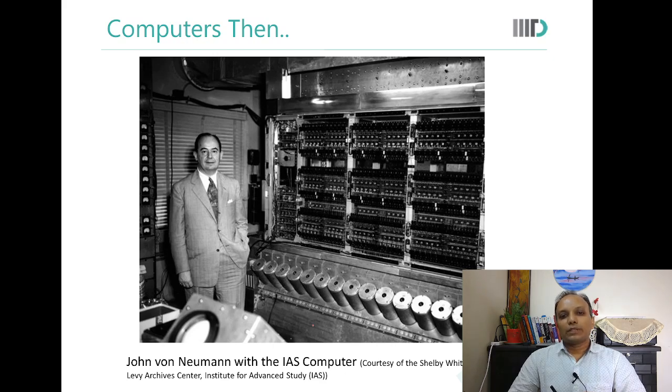And as you can see, the computer is of the size of a large room, and it has a lot of switches, and those switches were implemented using vacuum tubes. So vacuum tubes, so this is pre-transistor era.